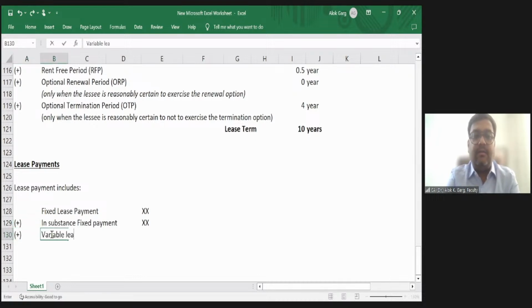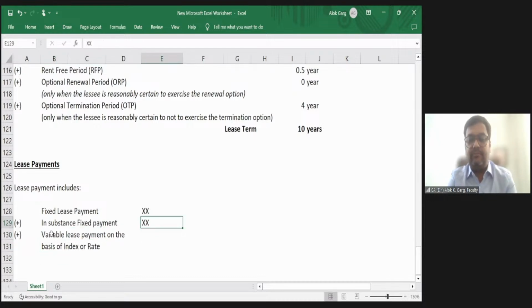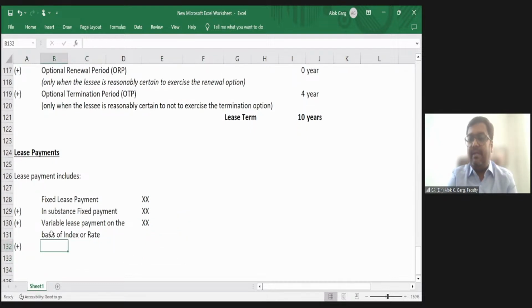Plus variable lease payment on the basis of index or rate, right? Plus exercise price, if any, exercise price in case of a purchase option.